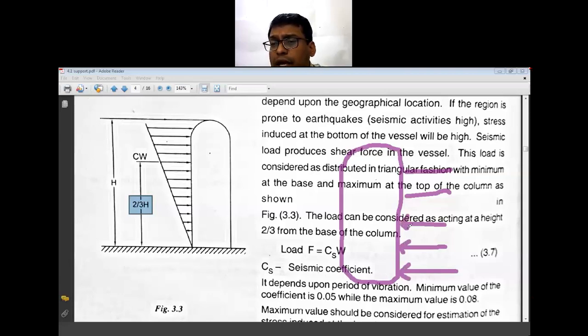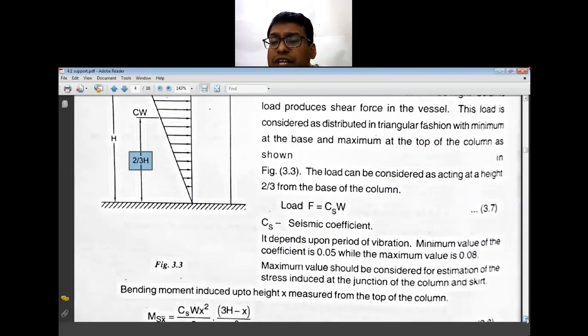The stresses are gradually increasing, because at the bottommost section the load is minimum and at the top the load is maximum, and in such cases this wind load acts at 2/3 of the height from the bottom section. However, where there is a uniform load, it acts only at half the height.